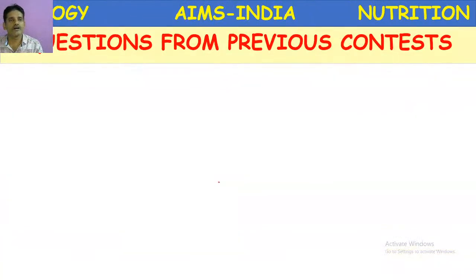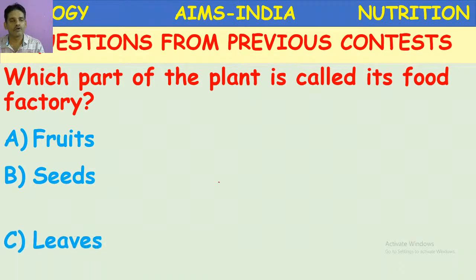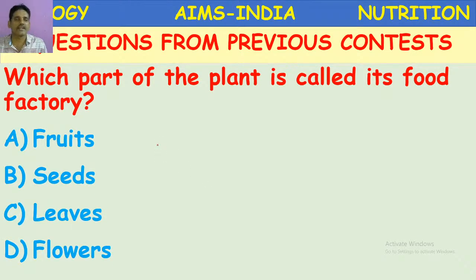Children, question understanding is very important. Twice you have to read the question, then you have to come to an idea. You have to analyze the options, then select. You can take 1 minute for each question. Which part of the plant is called its food factory? From the 3rd, 4th class or 5th class onwards, you are studying this.